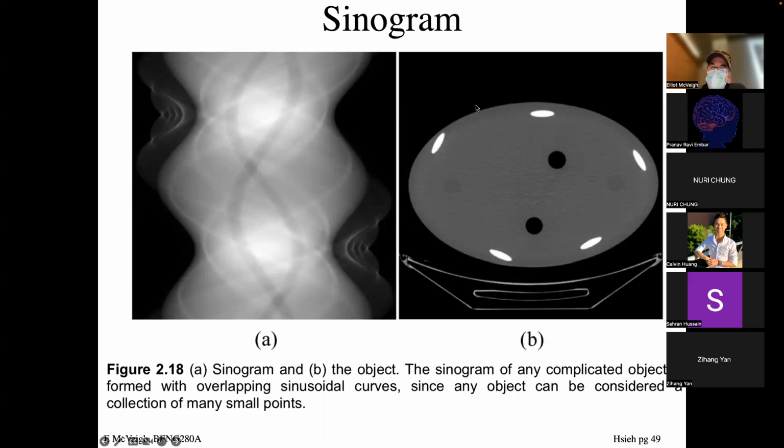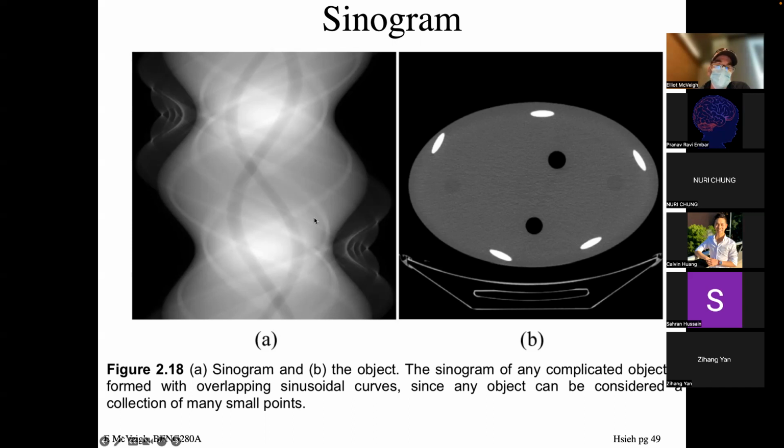So here is a very simple phantom. It's a two-dimensional image in the plane. It has air holes. It has some very small contrast items here, which have slightly different attenuation coefficients than this background plastic. These simulate bone. They have high linear attenuation coefficients.